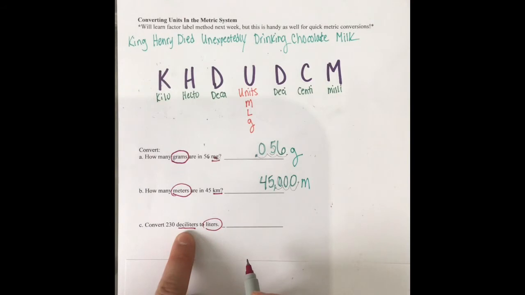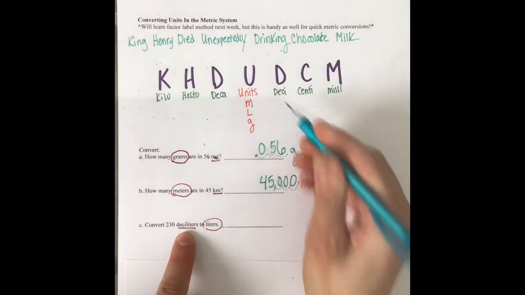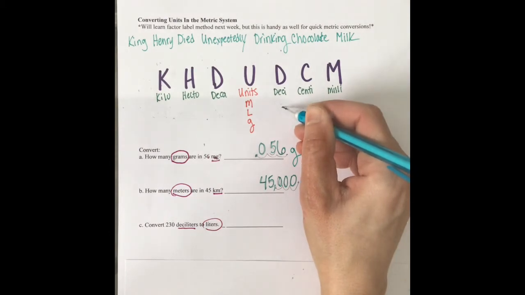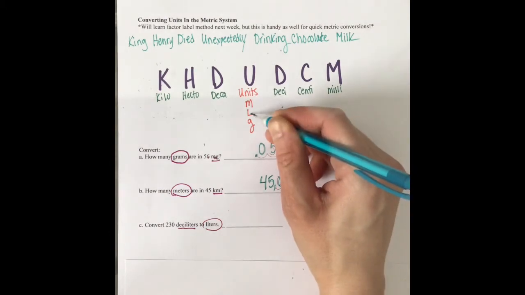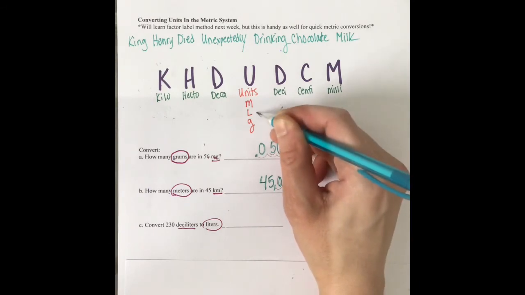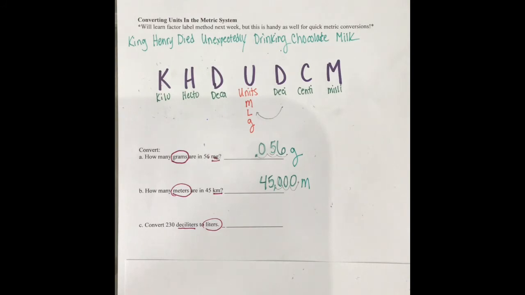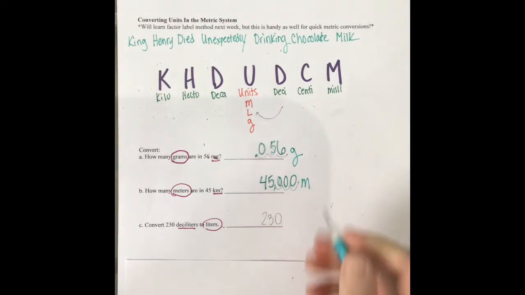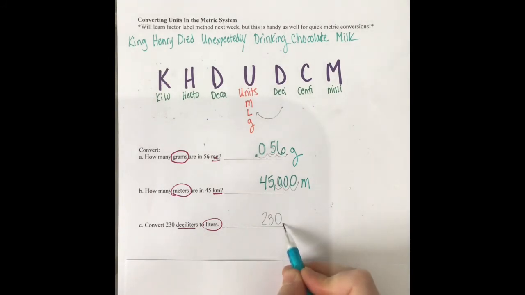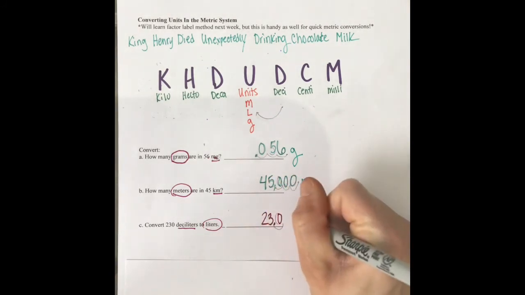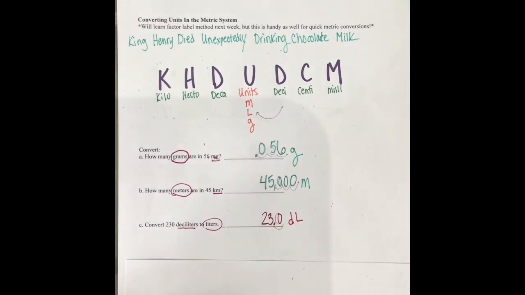We're starting in deci, and we want to convert to liters. So I need to move 1 jump to the left. So I'd be here, and I'd move 1 jump to the left, and I'd end up with 23.0 liters for my answer.